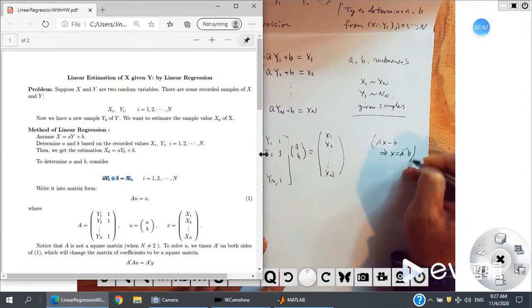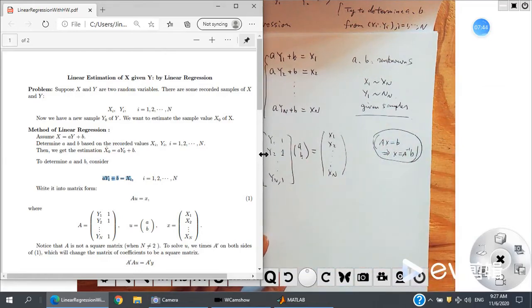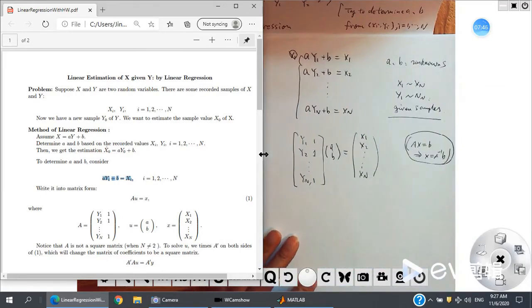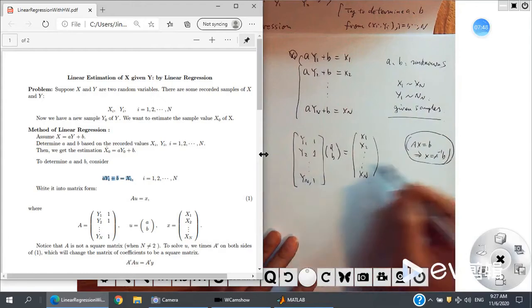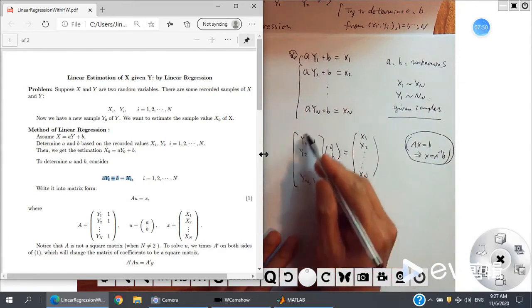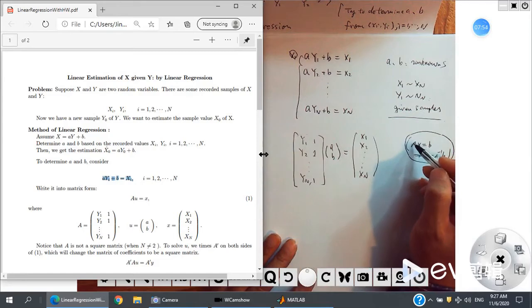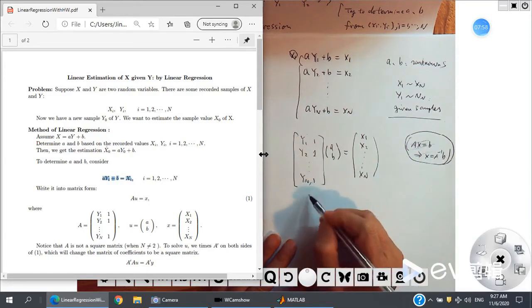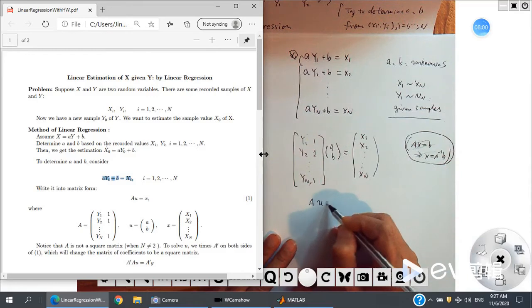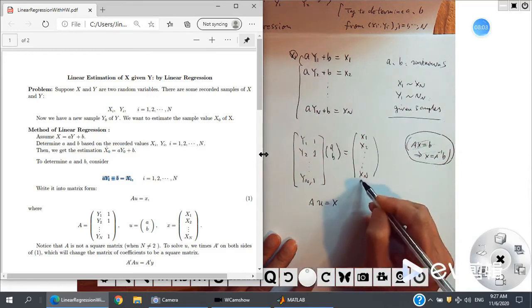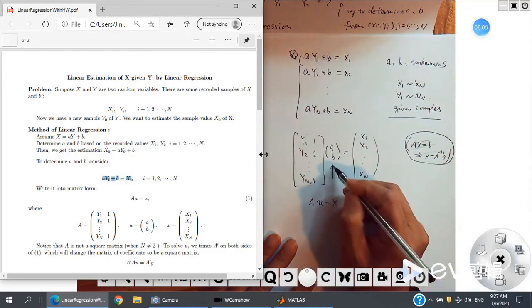Remember, this is very basic in linear algebra. But now you cannot have an inverse, because this is not a square matrix. This is a general matrix. Here I use this one as A, then I have A u equal to x.